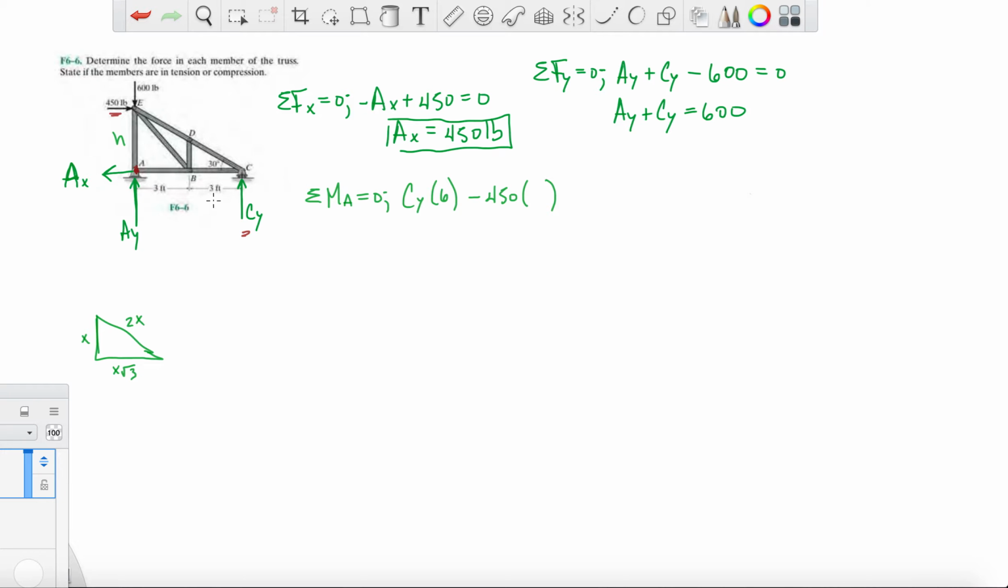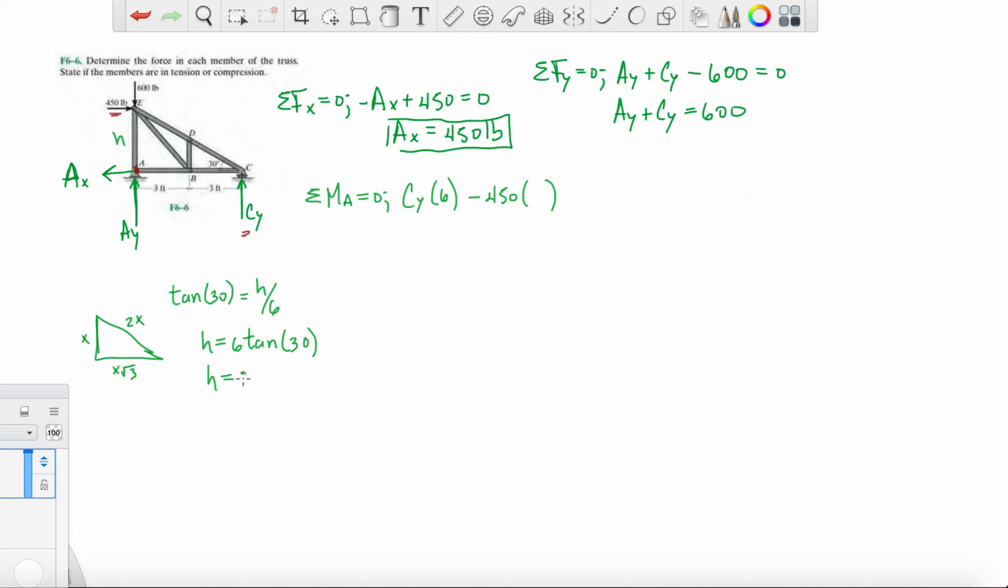You can either go about it this way or just say TOA: tan 30 equals opposite over adjacent, so h over adjacent, and this will give me that 6 is equal to, h is equal to 6 tan 30, which is this.